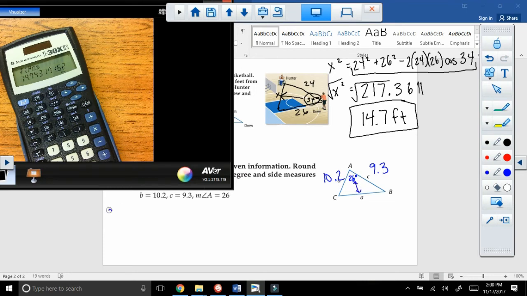So I might start out saying that a squared equals 10.2 squared plus 9.3 squared minus 2 times each of those times the cosine of 26.